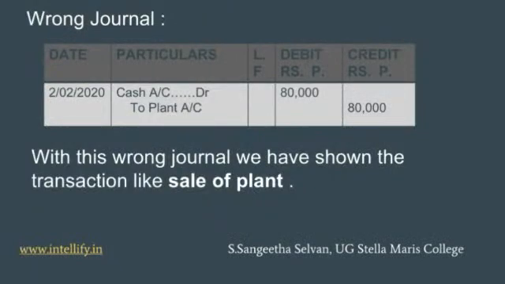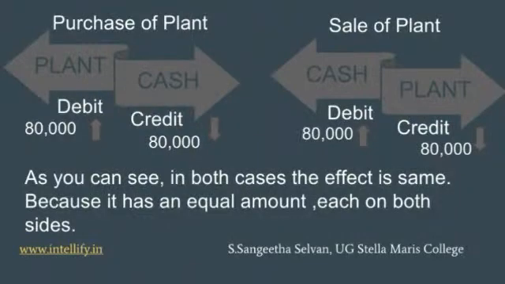So let us see whether it will be disclosed or not disclosed in the trial balance now. So here is a comparison of the effects of both treatments of the transaction. When you treat it as purchase of plant, you debit plant account. That is, you say plant is coming into your business and in return you are giving cash. So the debit side plant, that is the asset, will increase.